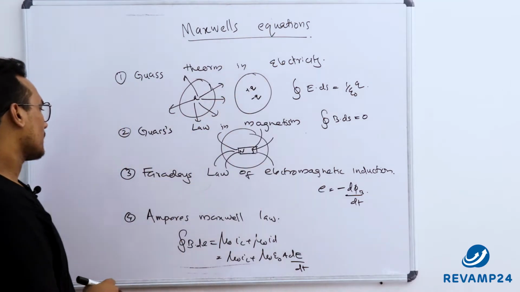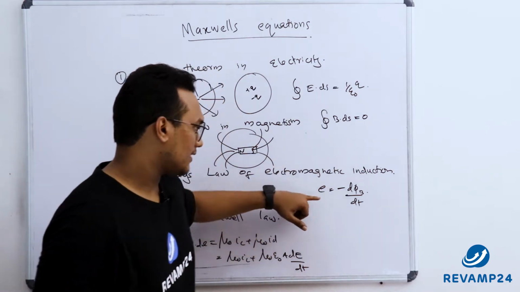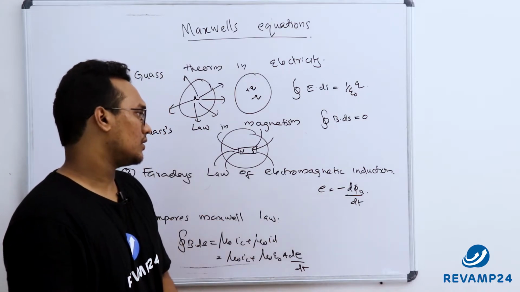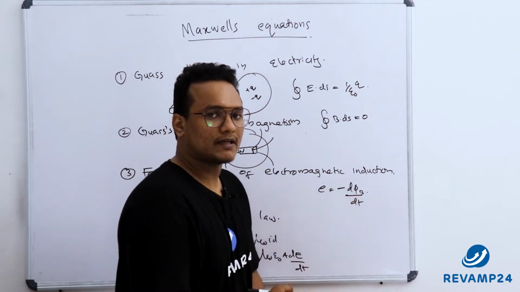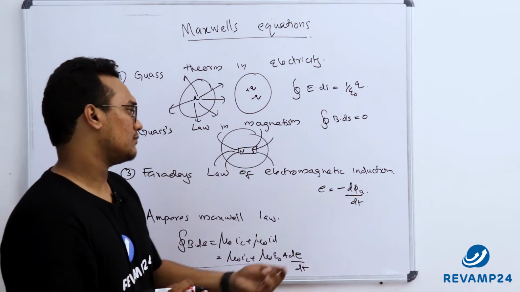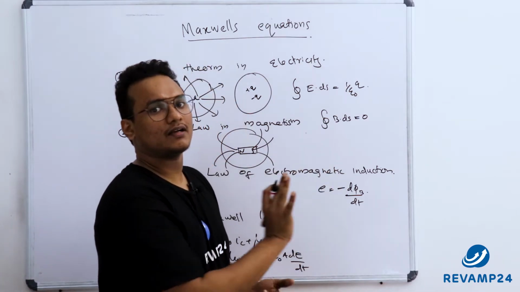Now Faraday's law of electromagnetic induction. We have learned that the reason for induced EMF or voltage in a circuit kept in a time varying magnetic field is nothing but the change in magnetic flux associated with the loop.